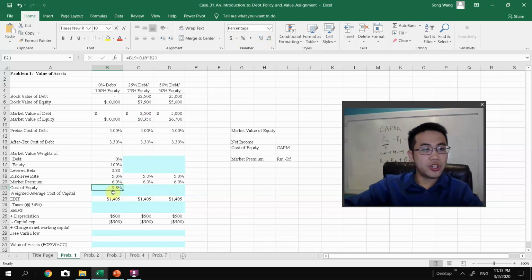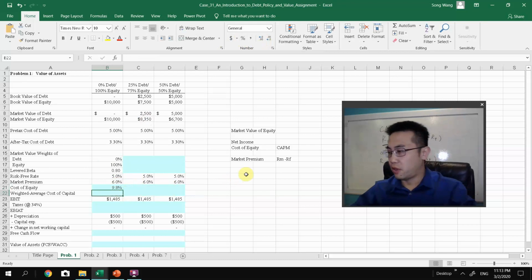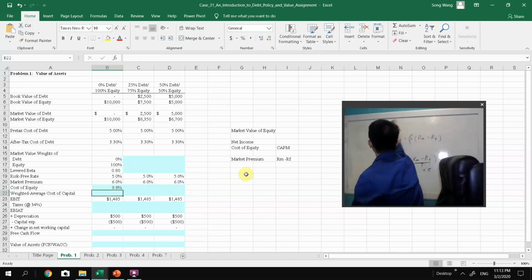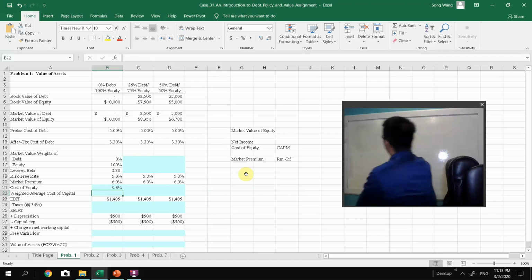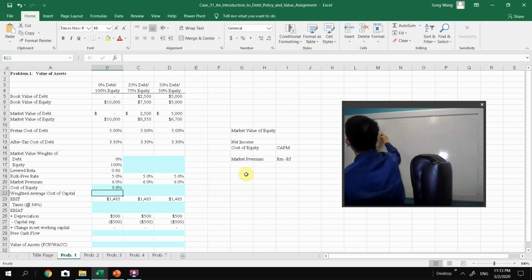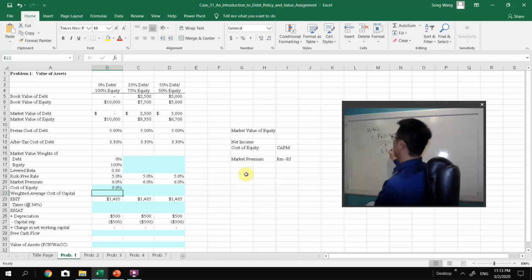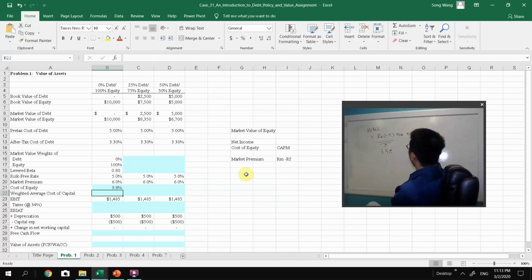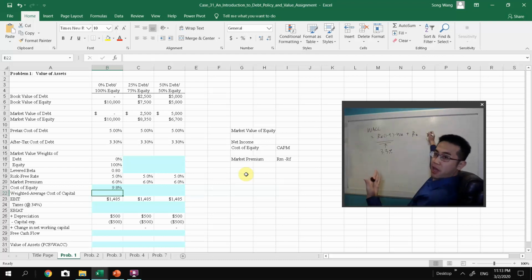And for the weighted average cost of capital, this is something we have learned before. It's the same old trick. The WACC equals the cost of debt times 1 minus the tax rate, which you already have, that's 3.3%, times the weight of debt, plus the cost of equity, which you just solved based on the CAPM, times the weight of equity.